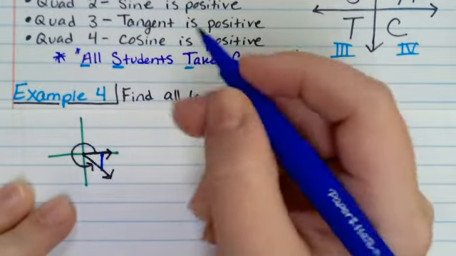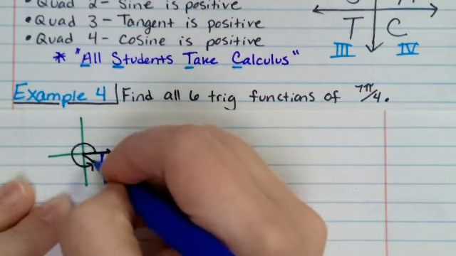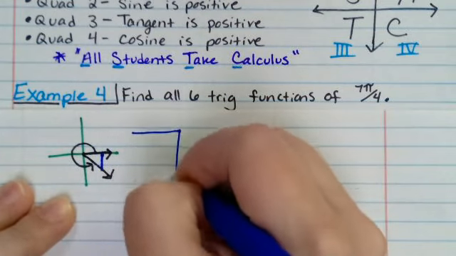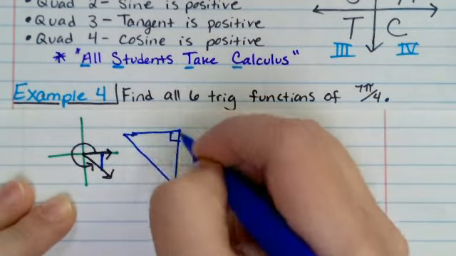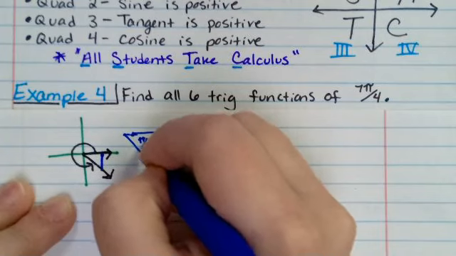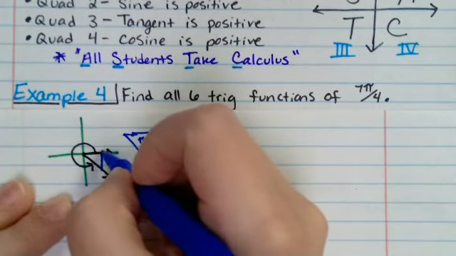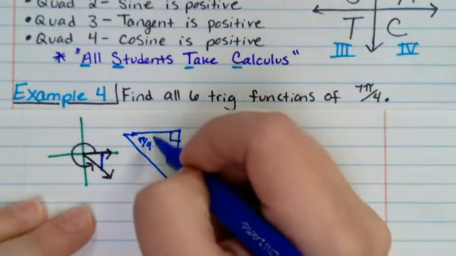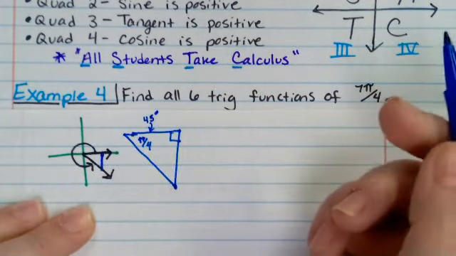So if all of this is 7 pi over 4, the angle inside my reference triangle would just be pi over 4. 7 pi over 4 plus pi over 4 is a whole rotation, 8 pi over 4. Pi over 4 is the same thing as 45 degrees. So do you see where I'm going with this?